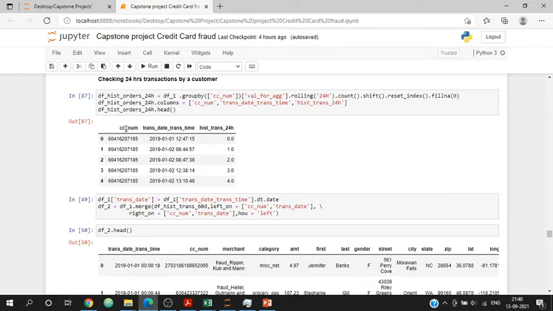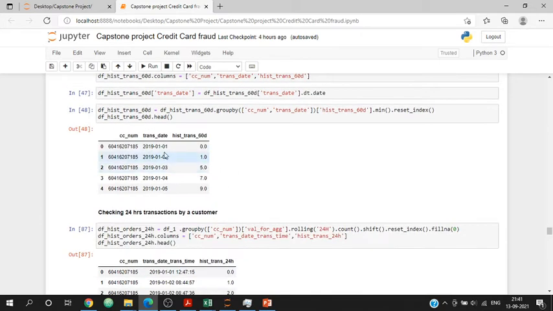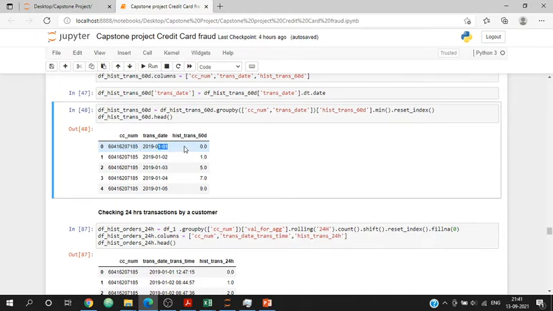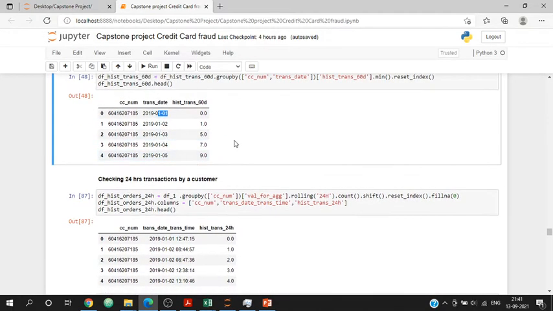First I tried to check the number of transactions made by a customer within 60 days. Here you can see, for a credit card number, in the first month he does not have any transactions. As we go down the line, they are increasing. This might be useful.